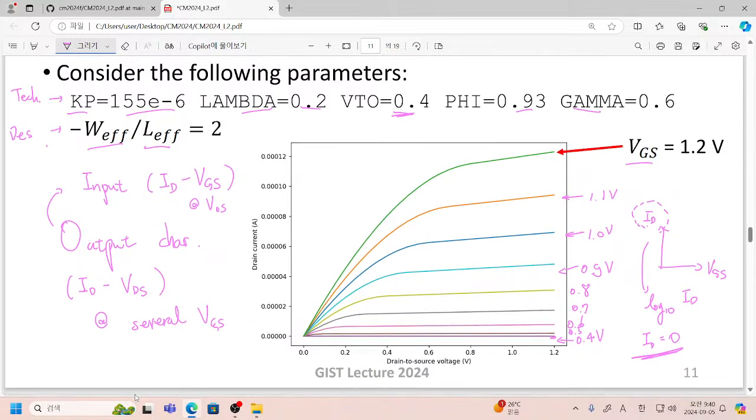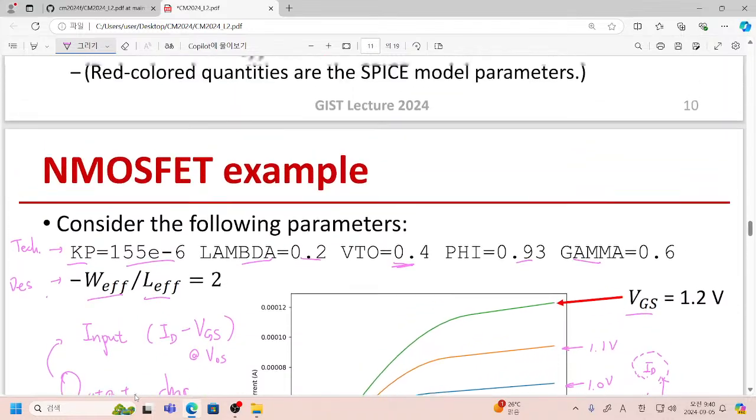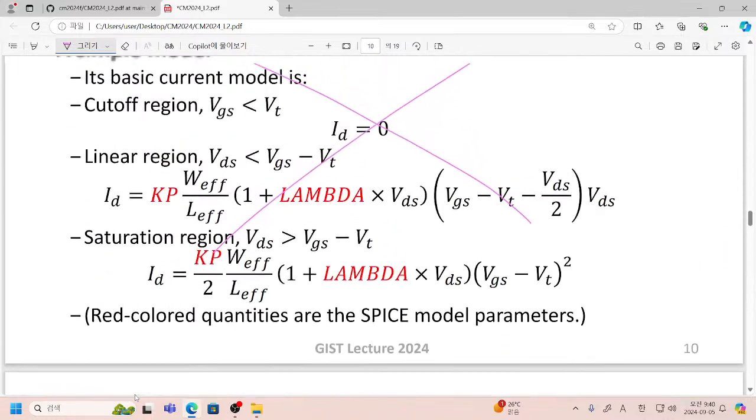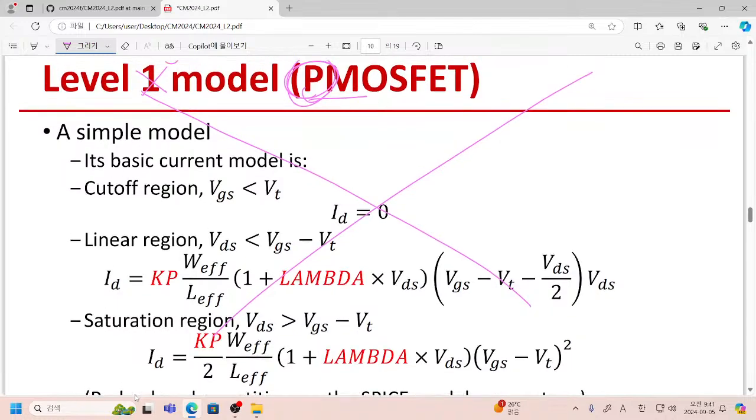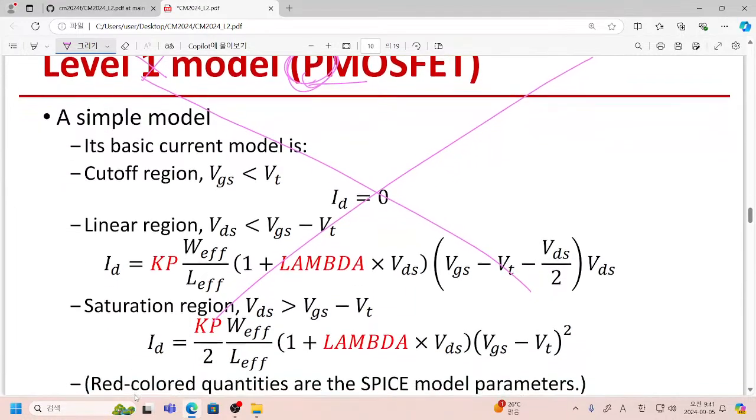For example, if you go to level 3 instead of level 1, you already have quite good expressions for the drain current below the threshold region, but that is more complicated, so I will not use that model for educational purposes.